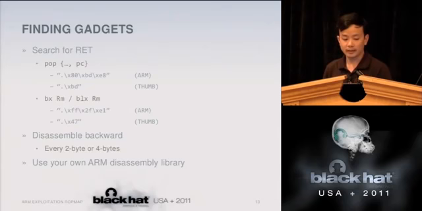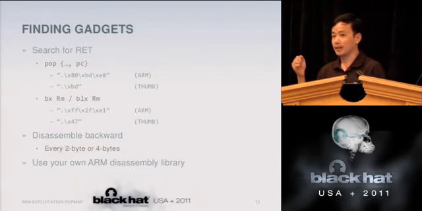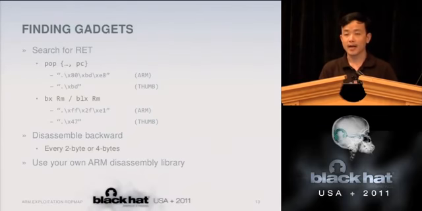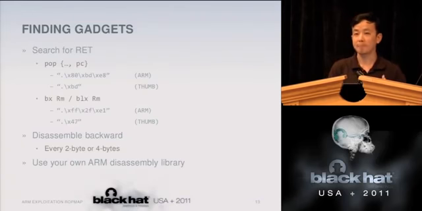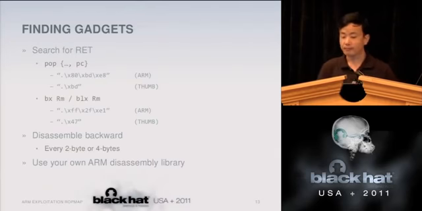We just need to find a ret-like instruction, then we disassemble backward every 4 bytes for ARM mode or every 2 bytes for Thumb mode, and we stop when there is an invalid instruction or we reach the depth we control.